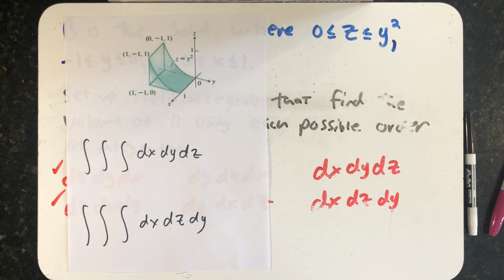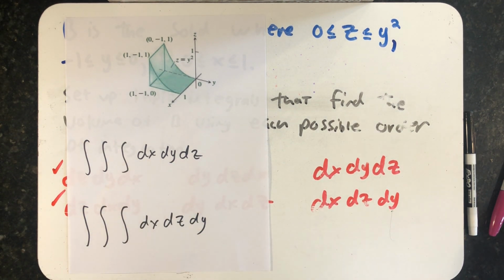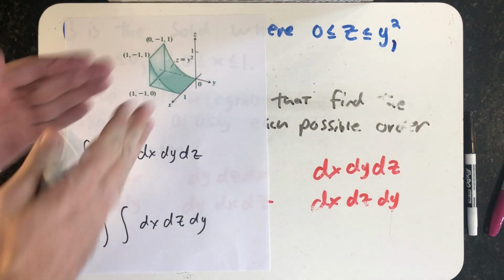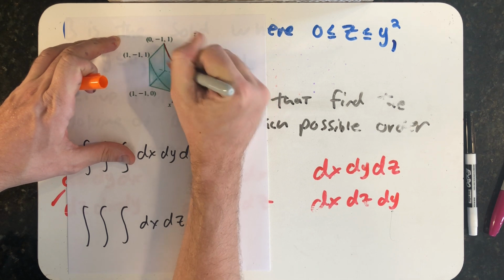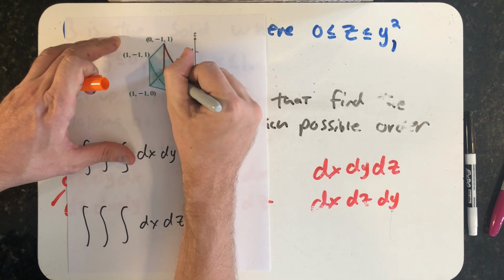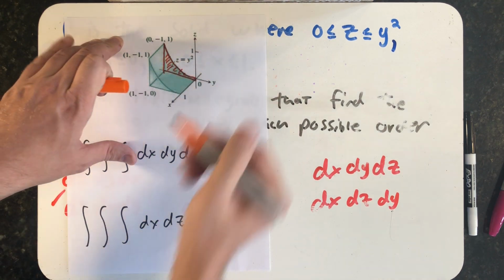Okay, so I now need to draw a projection into the y-z plane, and this is the interesting one, right? If I think about shining a light down the x-axis, this shadow here is actually where we started our conversation about drawing this. It's that kind of parabolic region back there.